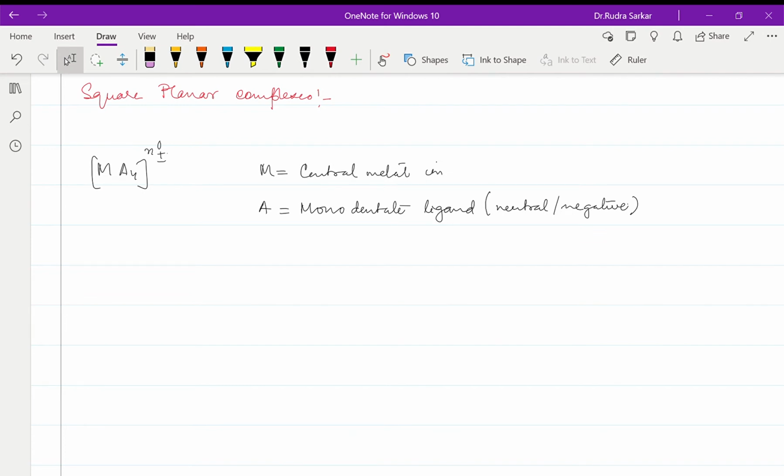So what is the type of arrangement that is possible geometrically? Idea is to place the ligands on the vertices of a square, and that is how we will be generating a square plane, as I am showing with the highlighter.